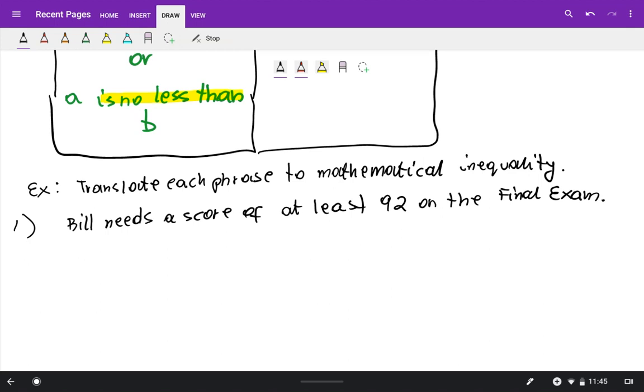Okay, so how are we going to translate that into a mathematical expression? So here will be the solution. Let x represent Bill's score from final.